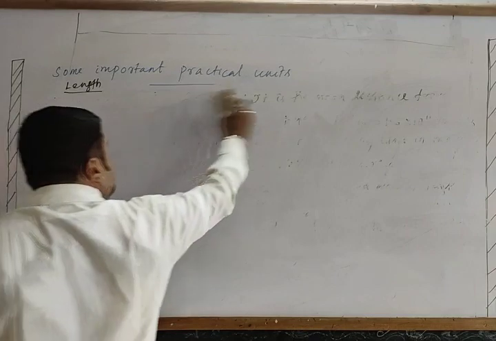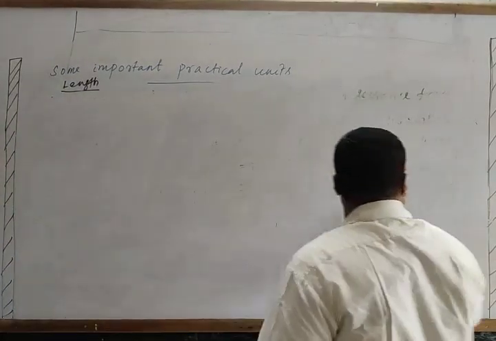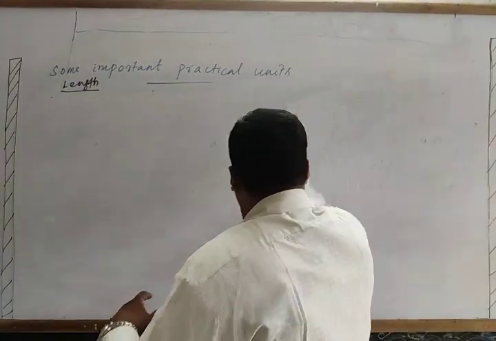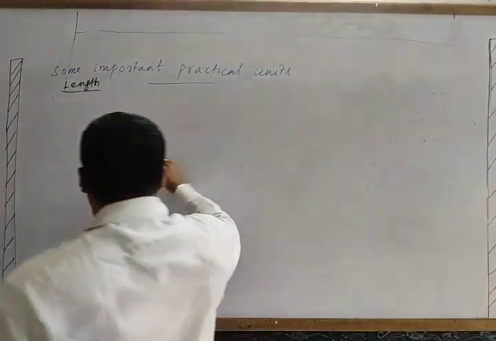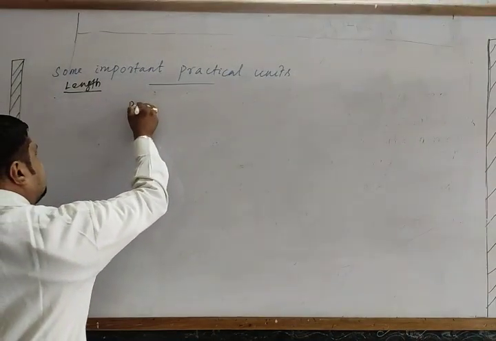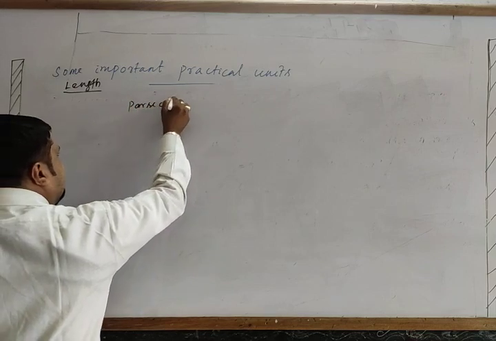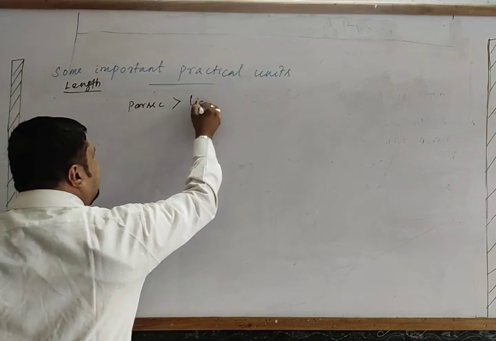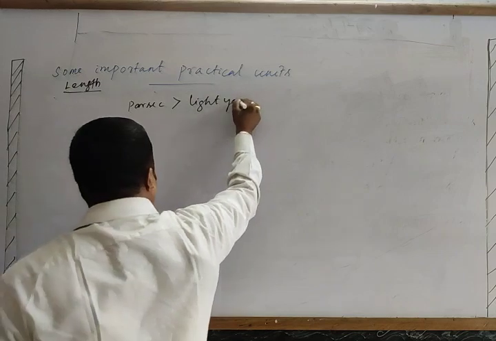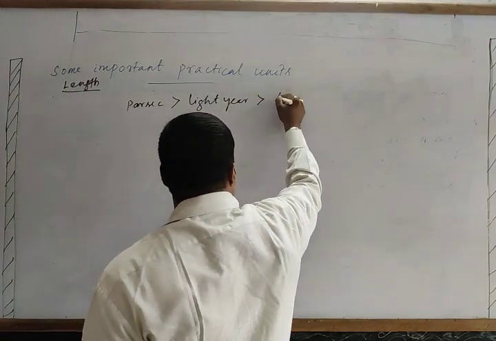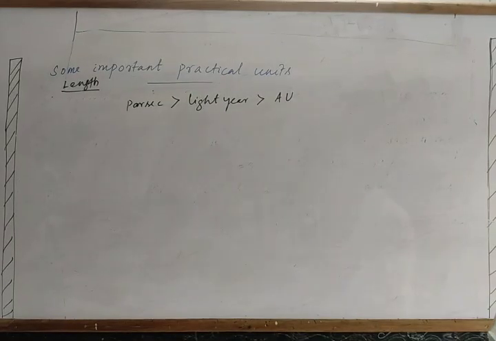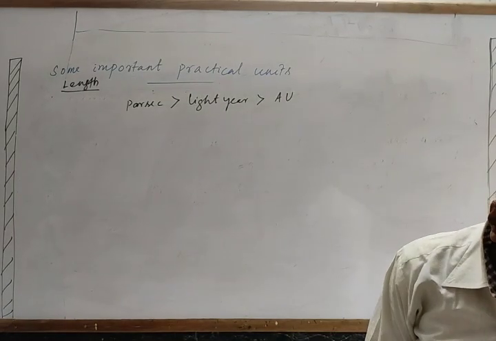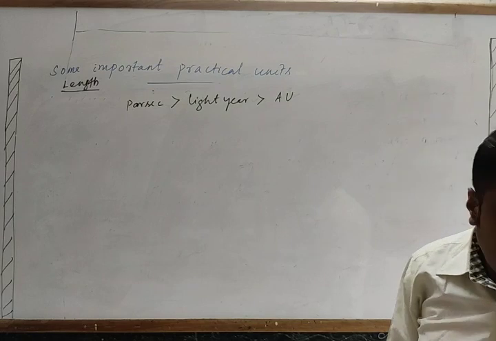The parsec is larger than the light year, and the light year is larger than the astronomical unit. So I can say parsec greater than light year greater than astronomical unit. Clear? And remember the relation, and you already know the values.